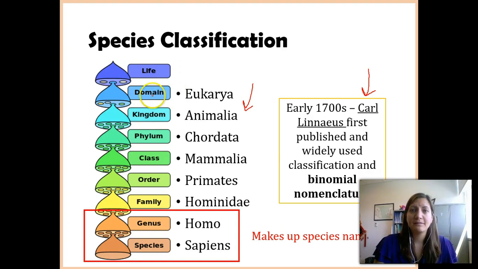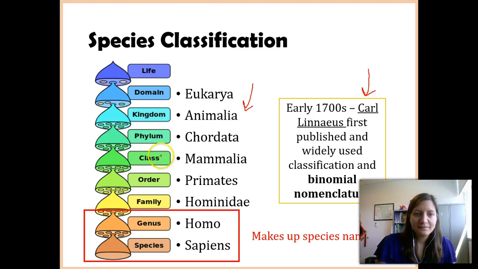So we go from domain down to kingdom. You may have learned about the five kingdoms at some point in your life: animals, plants, fungi, we have protists, and then previously we had bacteria. There are some classification changes going on, but you've probably heard of those before. Us as humans, we're in Animalia.